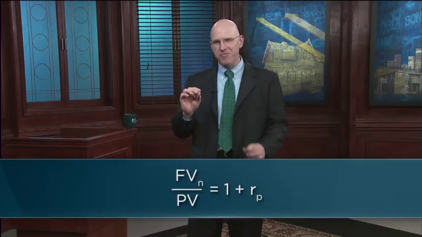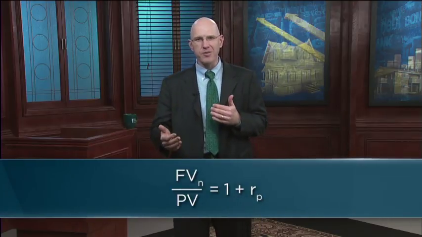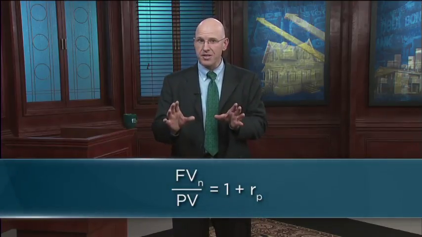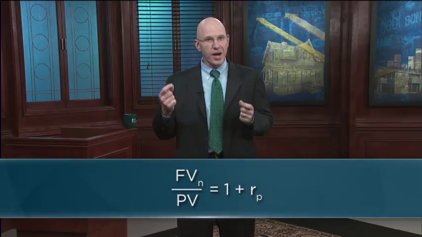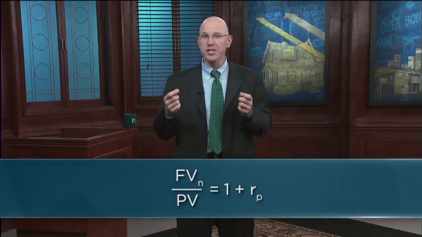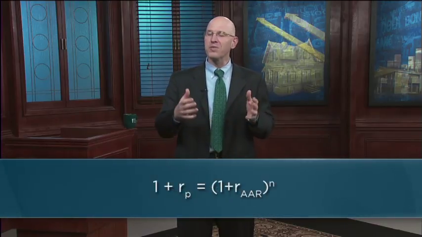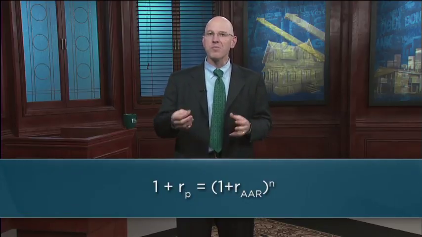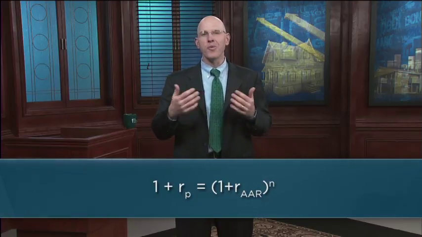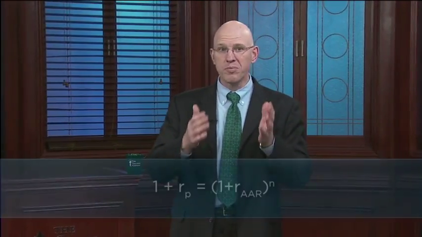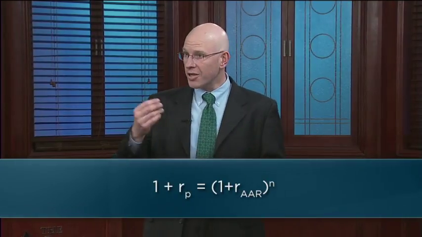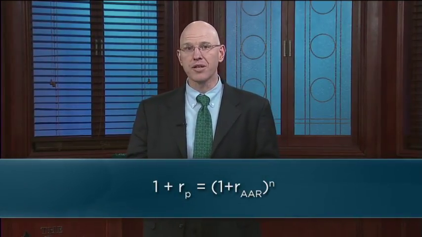Now, since the future value and the present value are the same in both equations, I can set the right-hand sides of each equation equal to each other, so that 1 plus RP equals 1 plus R sub AAR raised to the n. This shows you how to convert back and forth between periodic rates of return and the equivalent average annual rates of return.